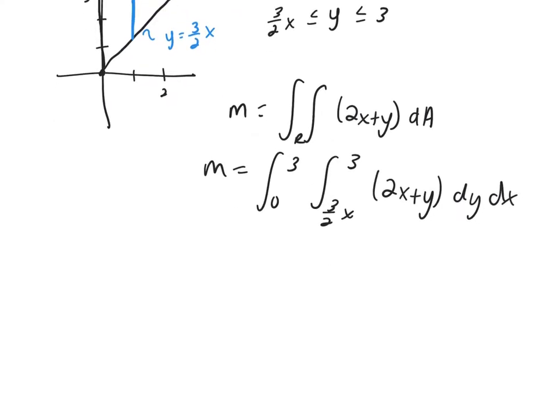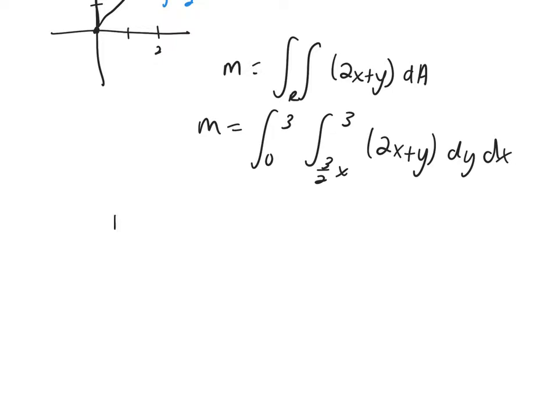So let's look at our region again, and how would I set up my integral if I switched the order? So I'm going to redraw my triangle here just so I have it. So now I'm going to look going horizontally.